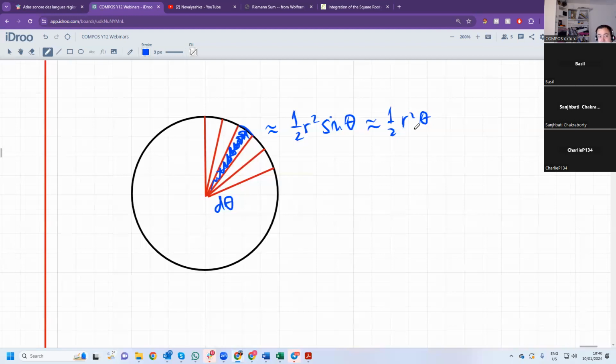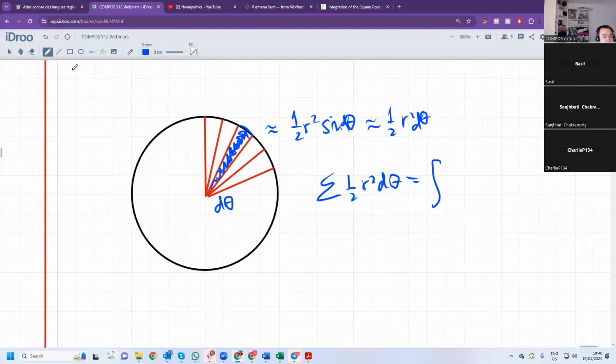Interesting. Sine d theta and d theta are the same. Then you have the sum of 1/2 r squared d theta, which is the integral of this from 0 to 2 pi, because the angle changes from 0 to 2 pi.